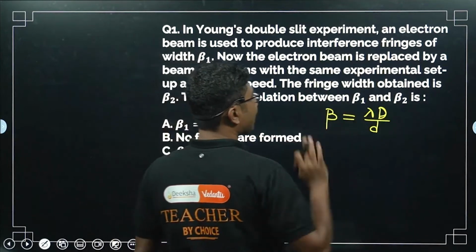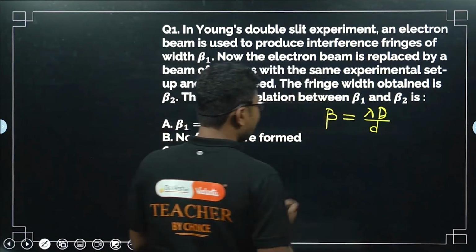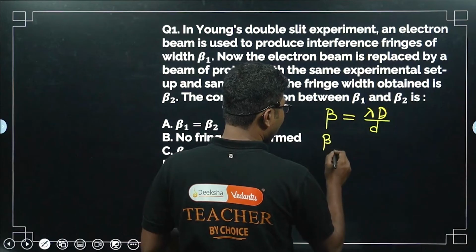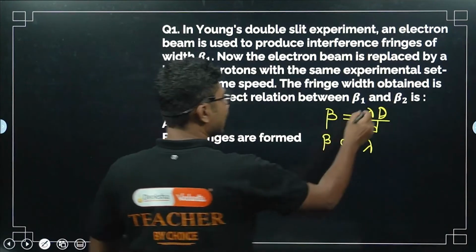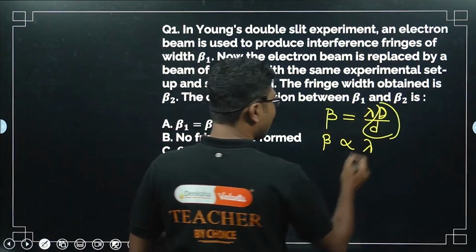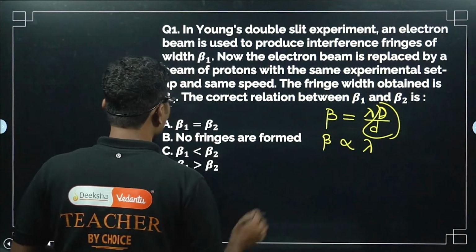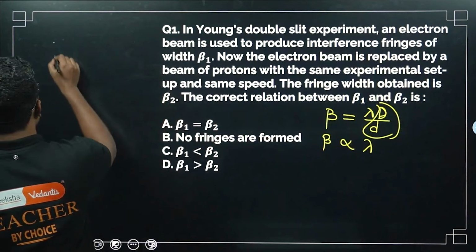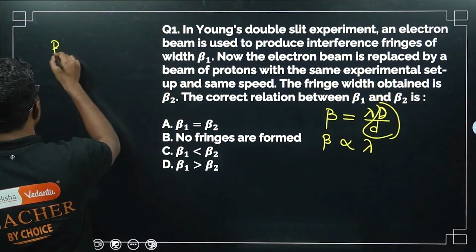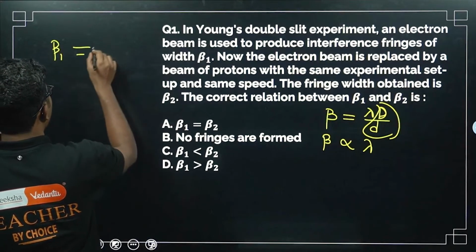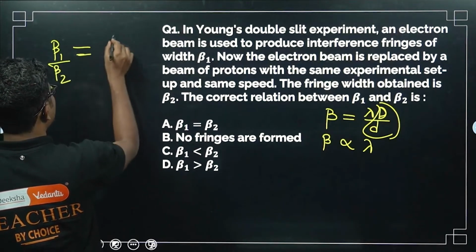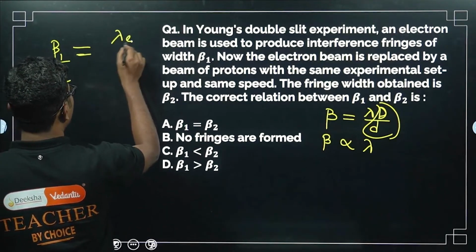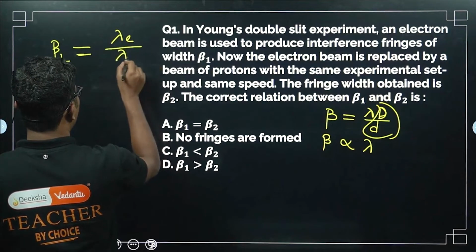Now beta is given by lambda D by d. So we can say beta is proportional to lambda, because the setup is unchanged, so D by d is constant in this case. So for electron, beta 1, divided by beta 2, that is for proton, is equal to lambda of electron divided by lambda of proton.